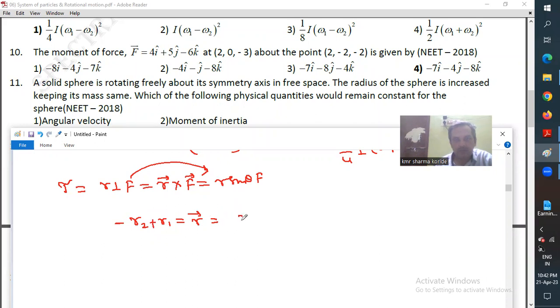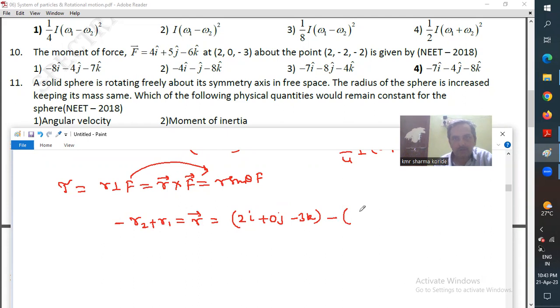This is the second position, 2i minus 2i plus 0j minus 3k. This is the first position. We are subtracting the second position from the first position.